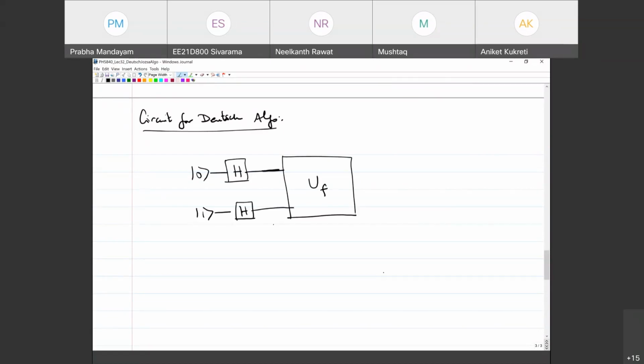This is the X and the Y. And then in what basis must I measure the first qubit? Yes? 0 and 1. If I measure as such, suppose I put a measurement here and I measure in the 0, 1 basis, will that tell me whether the function is constant or balanced?